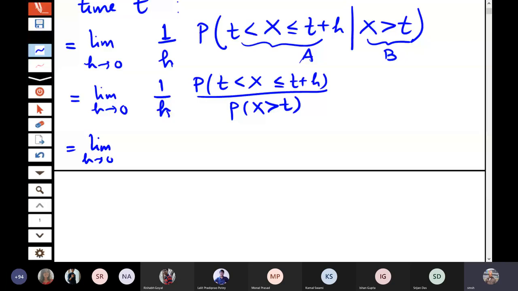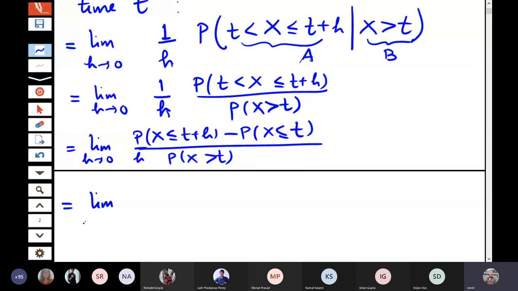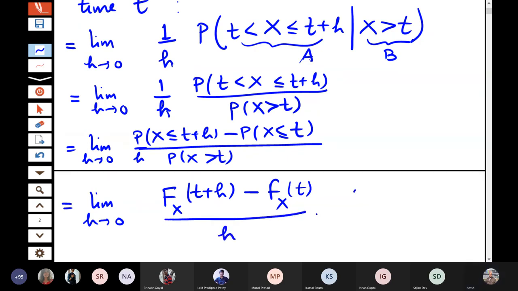That is limit as h tends to 0, F of t plus h, that is the CDF of X at t plus h, minus the CDF at t. See, this probability X greater than t is nothing but R(t), or you can write it as 1 minus F_X(t) also.